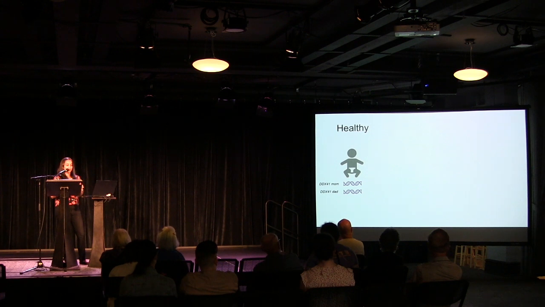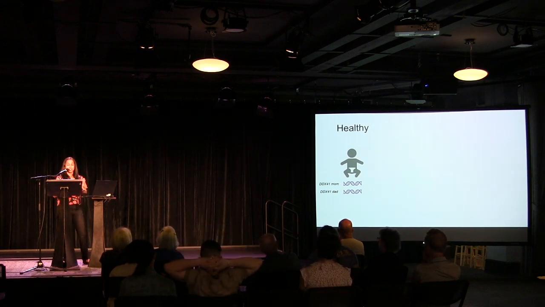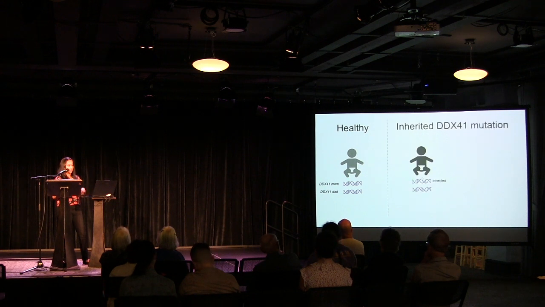So now if we look at a person who is born with a healthy DDX41 DNA, all of us actually have 2 copies of each gene in our body. So if you take any gene, for example here DDX41, we have 1 copy of the gene from the mother and 1 copy of the gene from the father. And this is in case of a person who has no mutation. So when a person is born with an inherited DDX41 mutation, 1 copy of their gene is mutated.